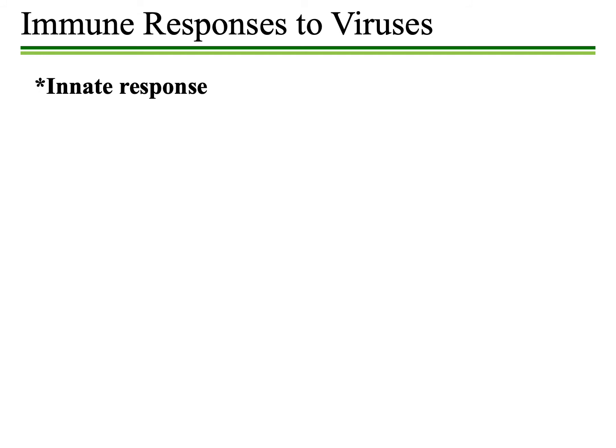When those viral components are recognized, they induce expression of specific types of cytokines, which include interferons. Interferons are one class of cytokines that definitely play a role in inhibiting viral replication, and we'll look at that in just a minute on the next slide.